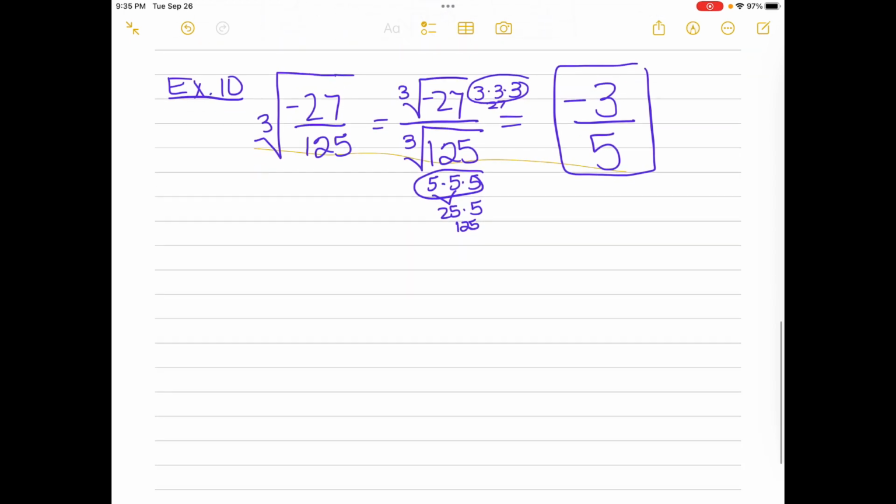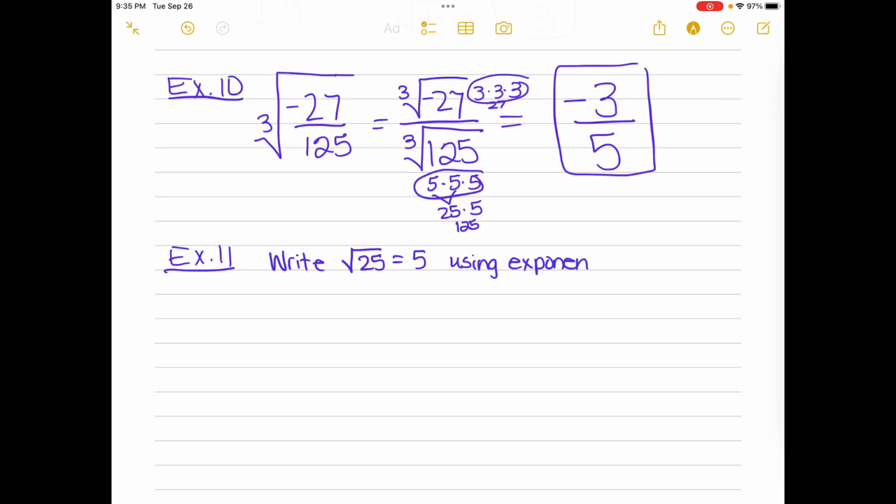Okay, example 11 and example 12. These are a little bit different than what we've been doing. On this first one, example 11, it says, and write all this down in your notes, write the square root of 25 equals 5 using exponents. So they don't want the square root on there.